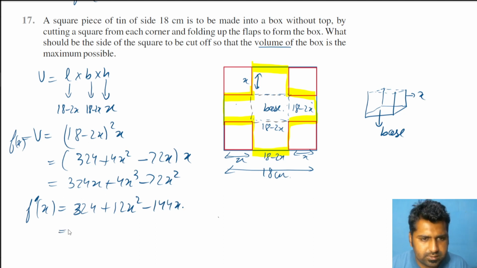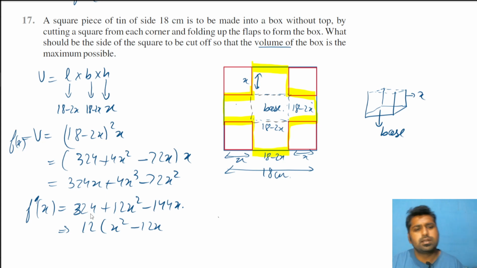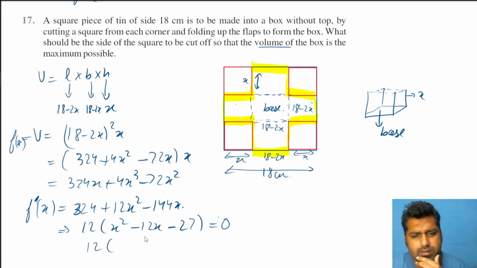So if we take 12 common, we get x square minus 12x plus 27 equals 0. So let's split the middle term. This becomes (x minus 9)(x minus 3).